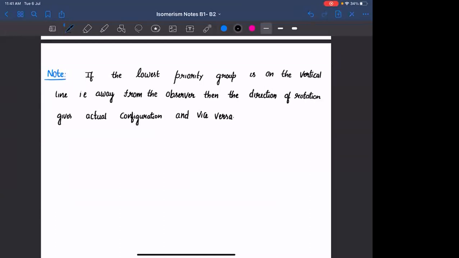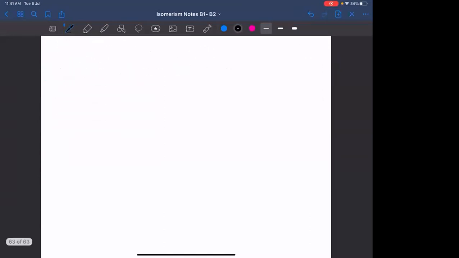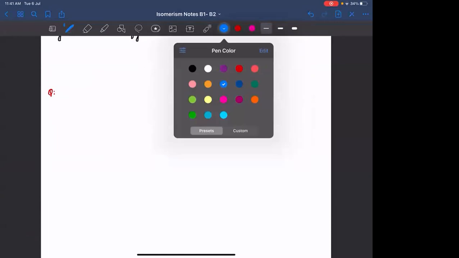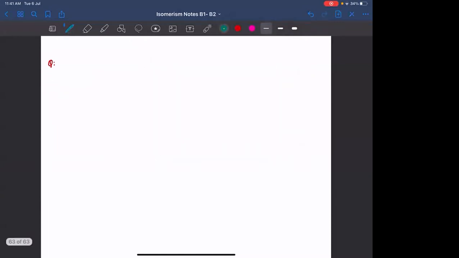Any doubt, anyone? Okay. Please tell me the configuration of this molecule. I'm giving you a Fischer projection.